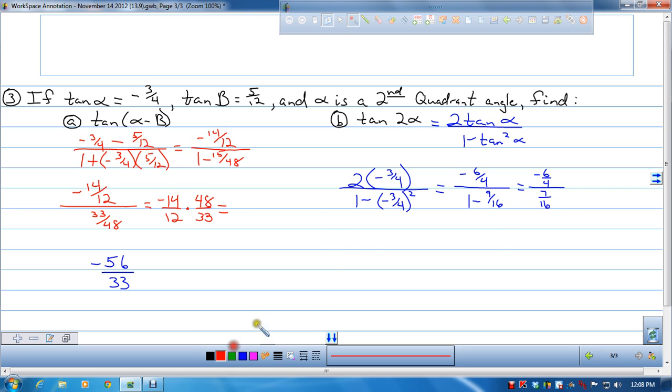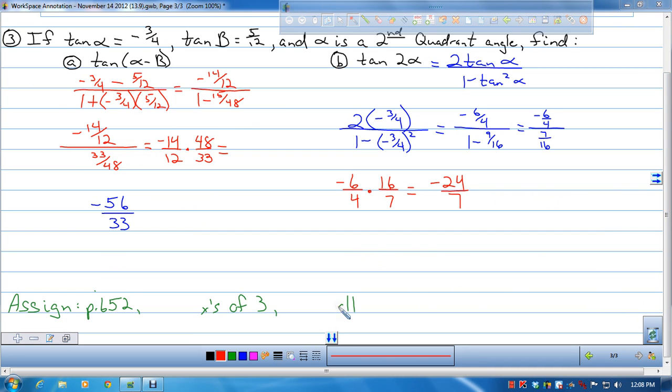So when I'm simplifying, negative 6 over 4, and I multiply by the reciprocal of 16 over 7, and I end up with negative 24 over 7 for a final answer. Again, you could just take this right here, plug it in your calculator, hit enter on the TI Inspire, and it will kick out this fraction for you.